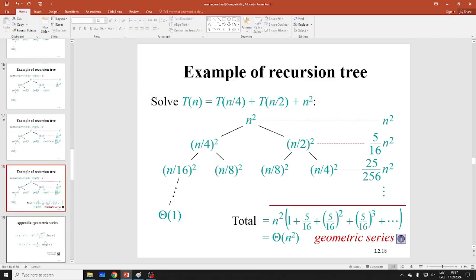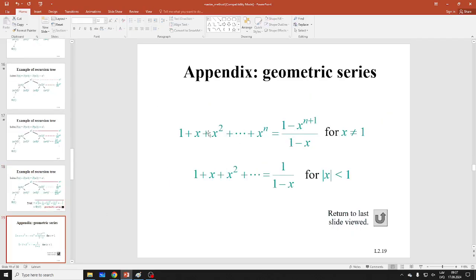And this is in the appendix. So we can calculate this with the formula for the geometric series, if x is less than 1. We keep multiplying. In this case, x is 5/16.